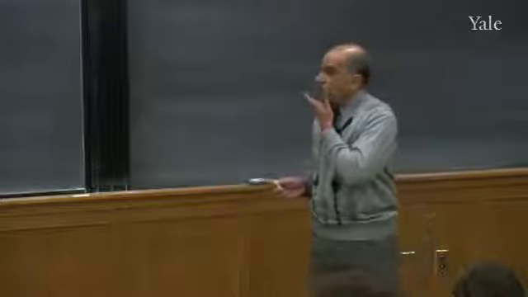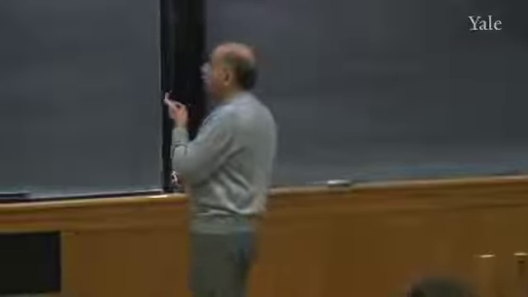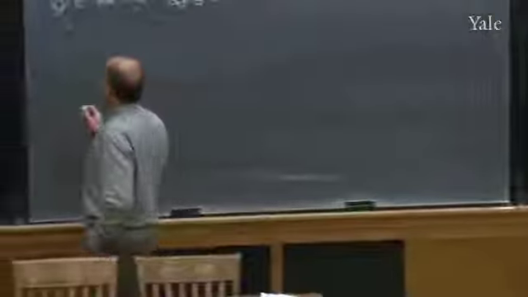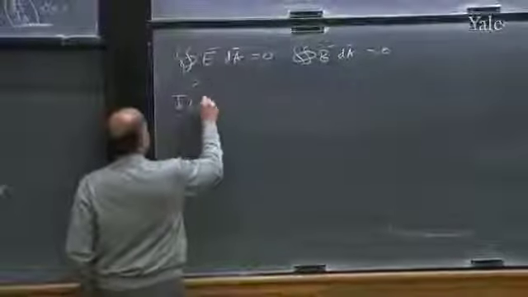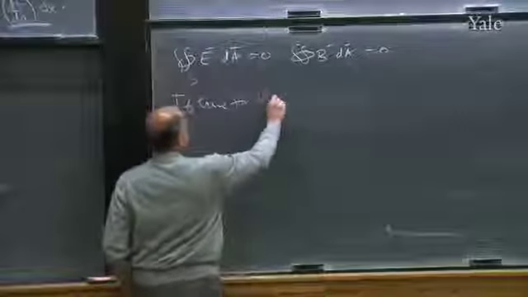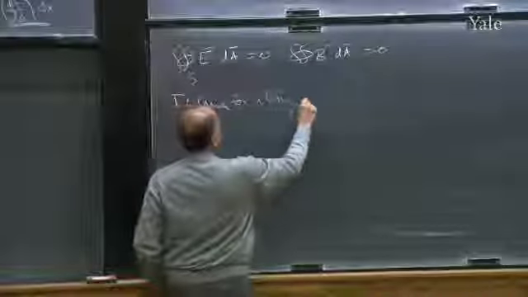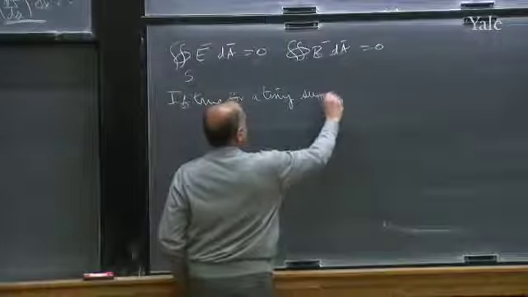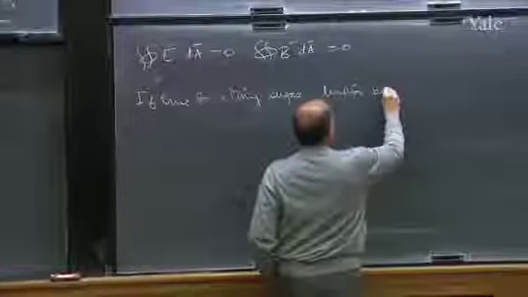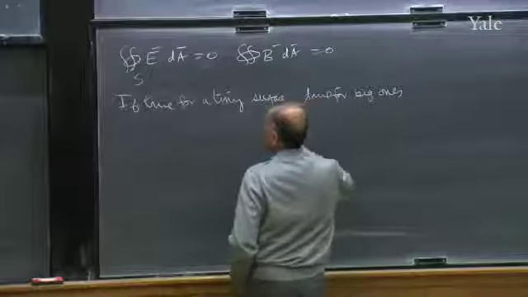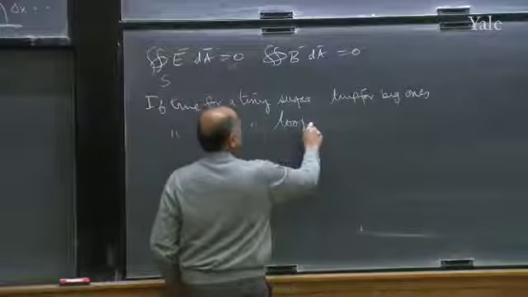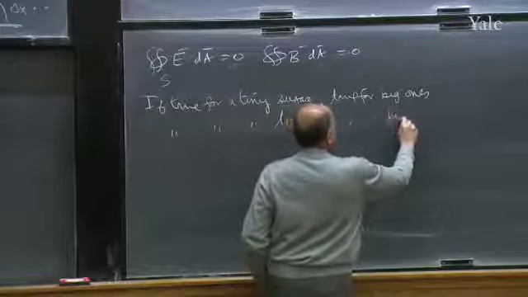And the quick way is the following. If these equations are true for a tiny loop, or in this case, if true for a tiny volume or a tiny surface enclosing a tiny volume, then it's true for big ones. And likewise, if true for a tiny loop, it is true for any arbitrary loop.